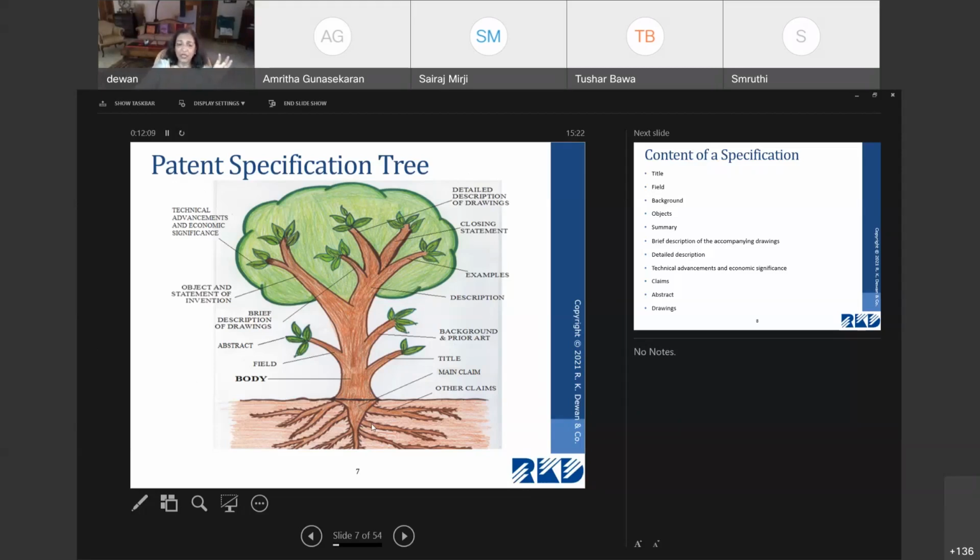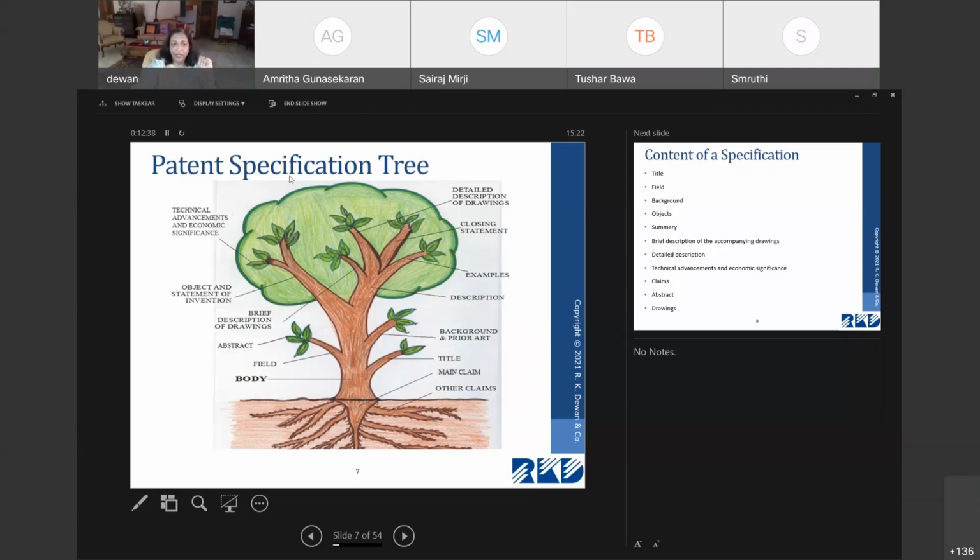There may be some small shrubs which don't have one, but let's talk about a tree. So this is the main claim. Consider it analogous to the main claim, and then all these other roots which are coming out from the main root can be identified as the other claims, or what we call dependent claims. Okay, so this is one part.